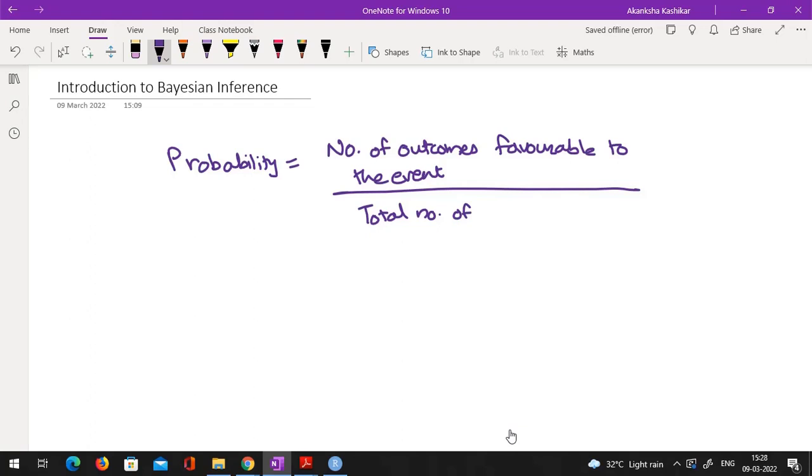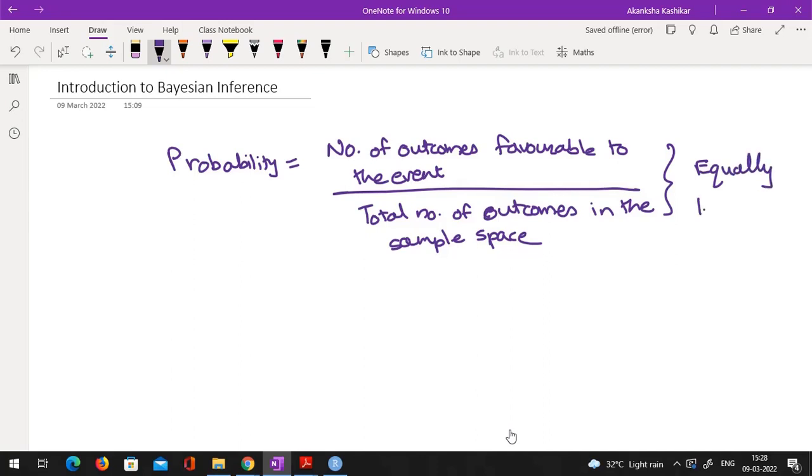Do we have any assumption under which this definition holds? All outcomes are equally likely. Correct. We have to assume that all outcomes are equally likely, then only this will hold true.